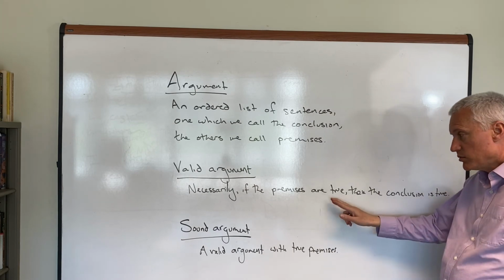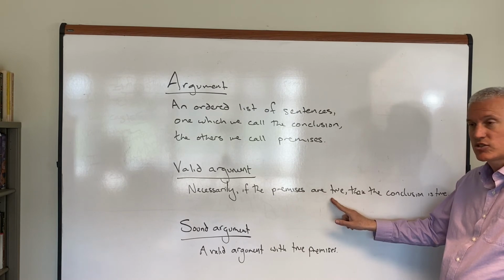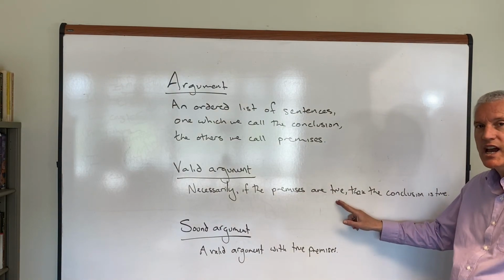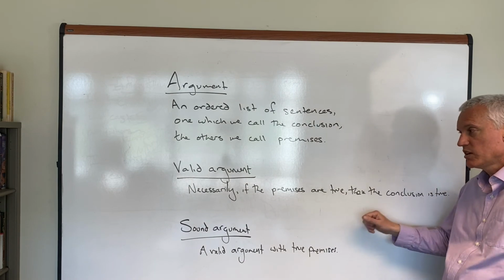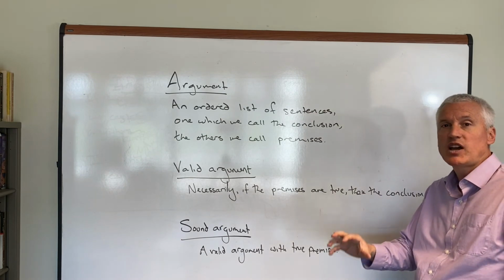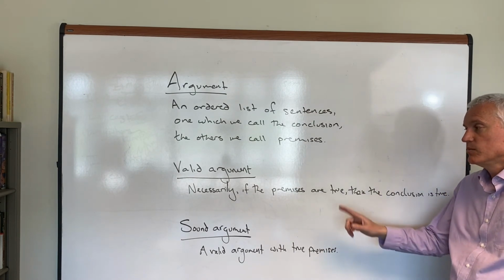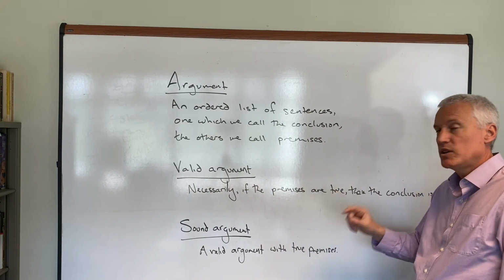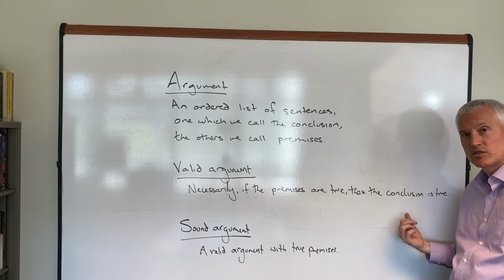So this is the most important sentence of our lectures. We're going to use it to guide everything we do from now on when we're building our logical language, because we want our logical language to help us find and analyze valid arguments. So memorize it. A valid argument is an argument for which necessarily, if the premises are true, then the conclusion is true.